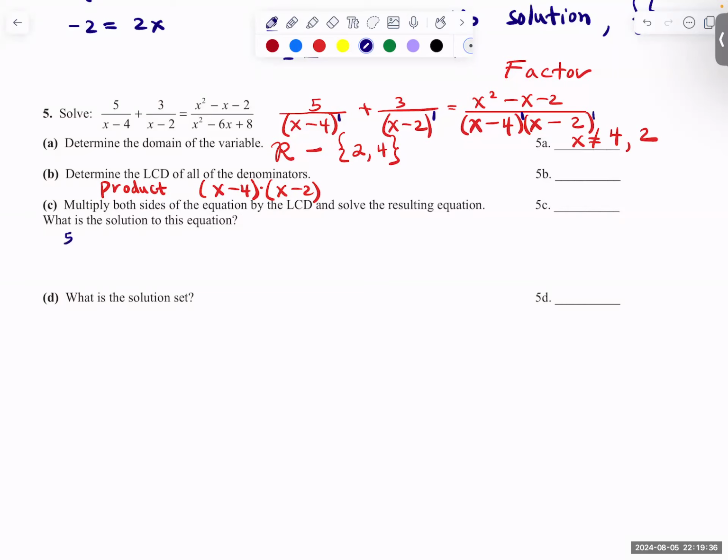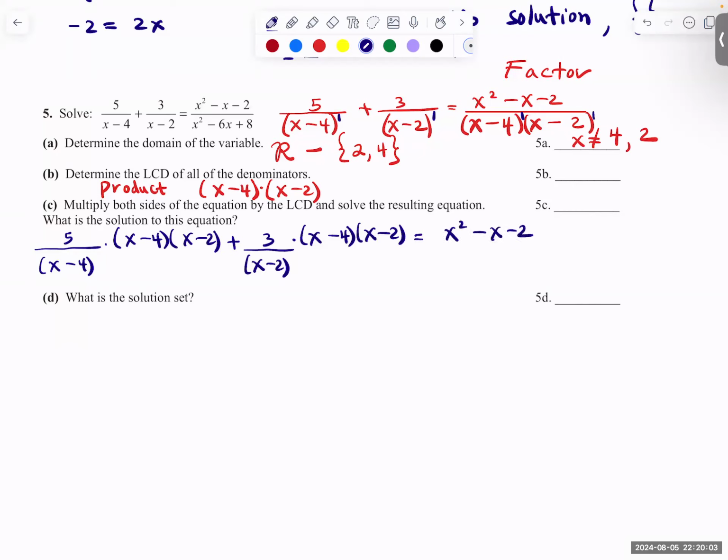So we have 5 divided by x minus 4 times the LCD plus 3 divided by x minus 2 times the LCD equals x squared minus x minus 2 over the LCD divided by, and let's use parentheses here as well in the numerator, times the LCD.